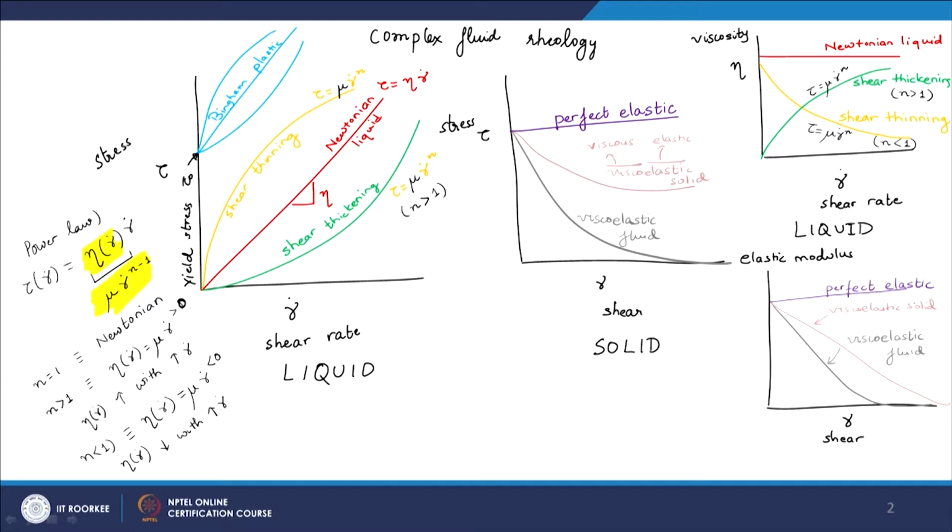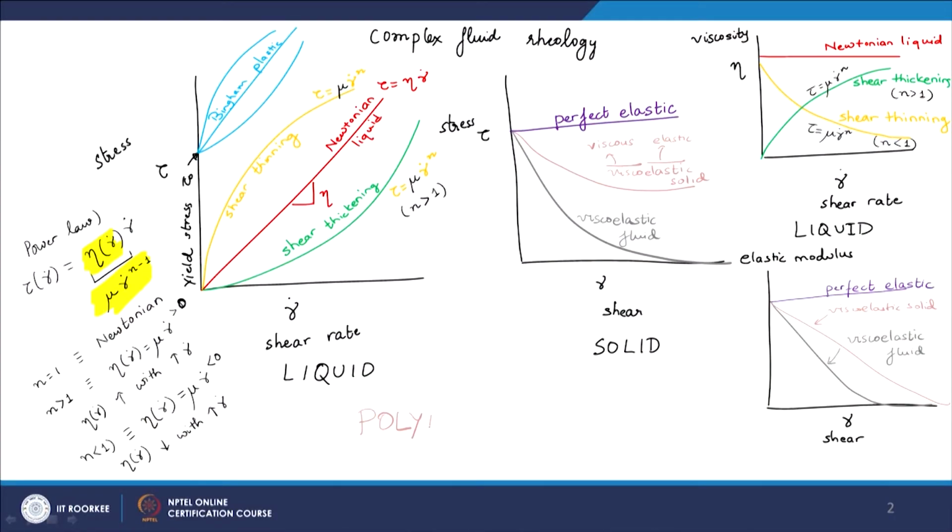So the whole idea of rheology is essentially to look at precisely this. So we want to know how the stress versus shear rate profile looks like for the case of liquids, how the stress versus shear profile looks like for the case of a solid, and how both of them look like for the case of a viscoelastic material, and polymer systems are essentially, I would say, almost always viscoelastic.